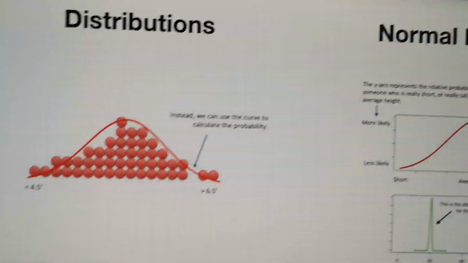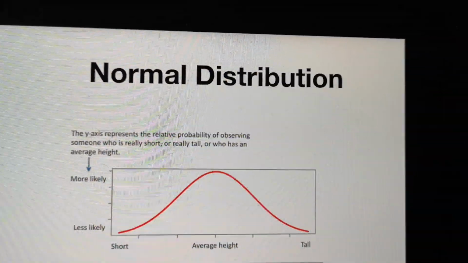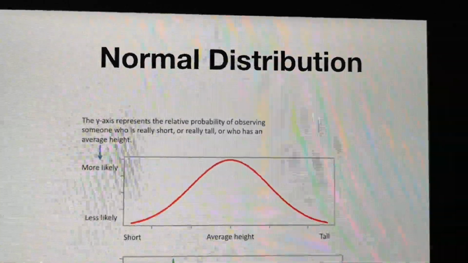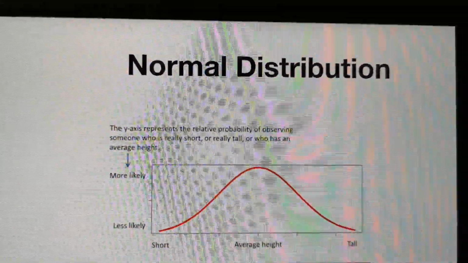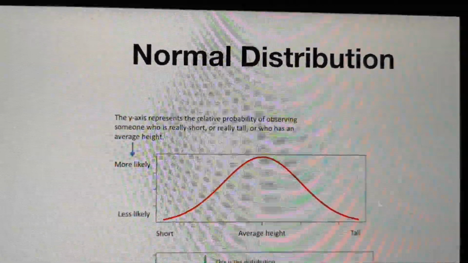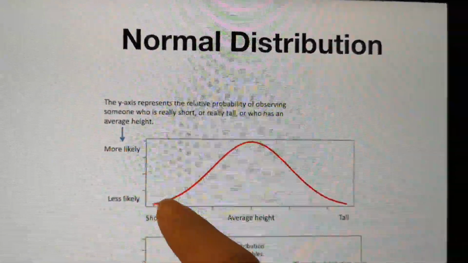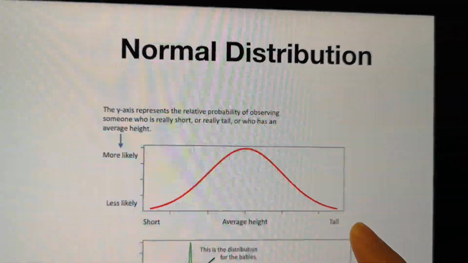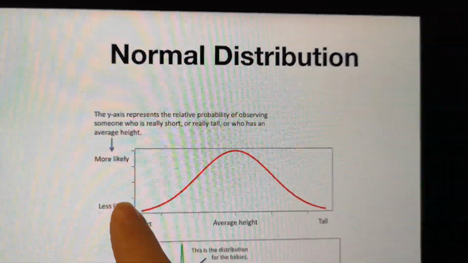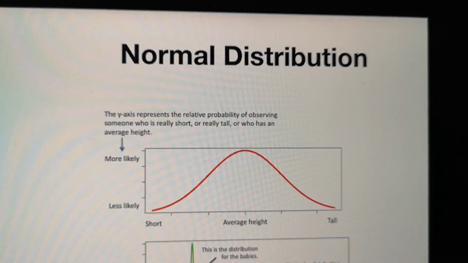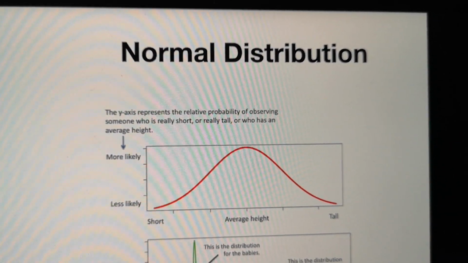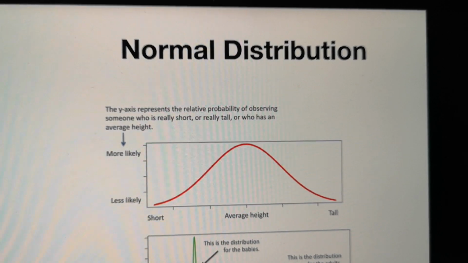Now let's move to one of the most commonly used distributions, which is the normal distribution. As you can see, it is like a bell curve, with tails, and it goes up and down. The y-axis represents the relative probability of observing someone who is really short, really tall, or has an average height.